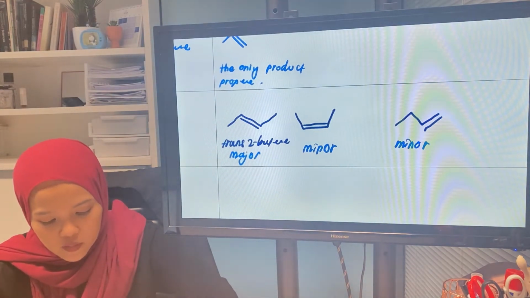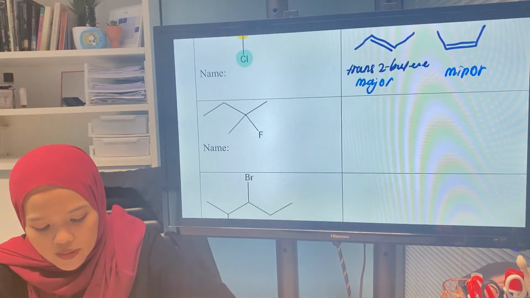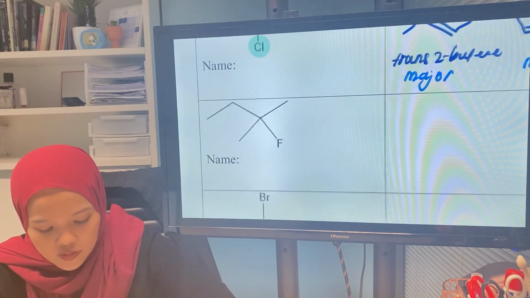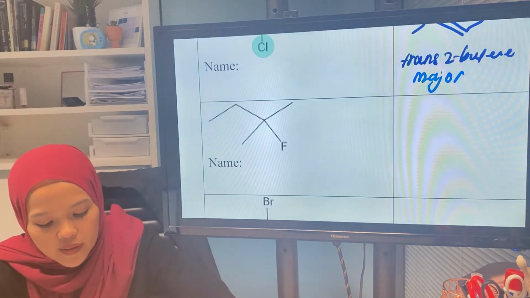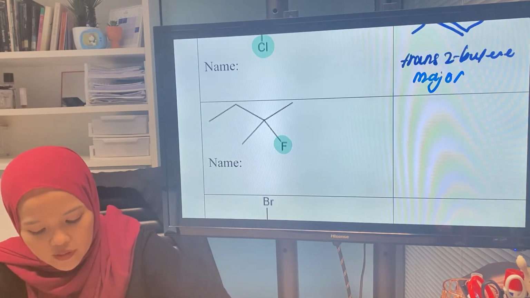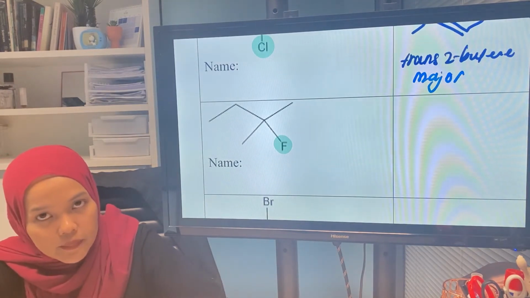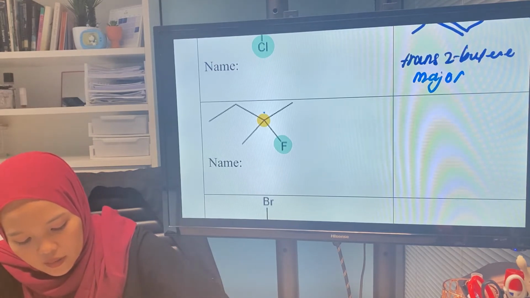Next, let us have a look at this one. Look at your fluorine here. Where is your alpha carbon? This is our alpha carbon.